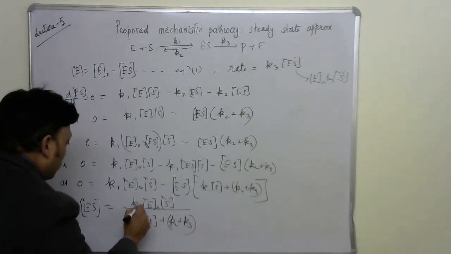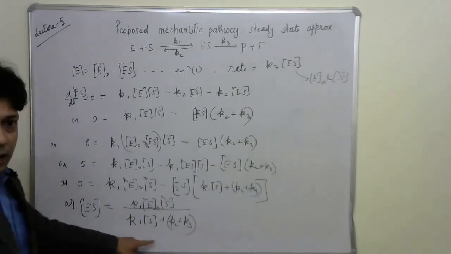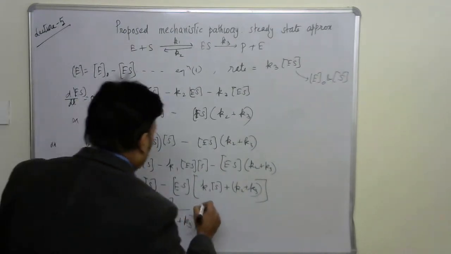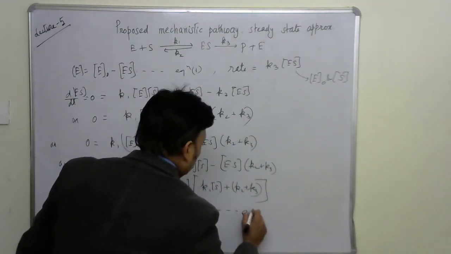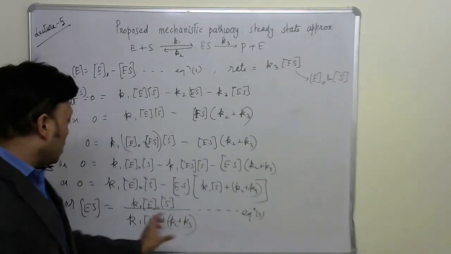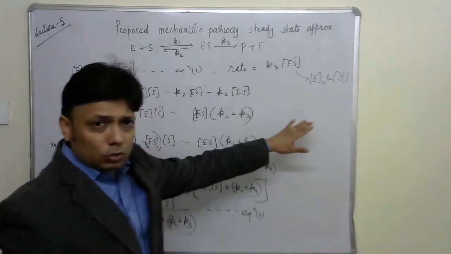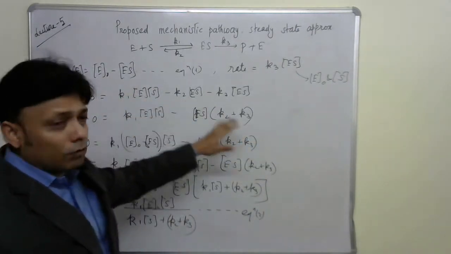So now we have found an expression for ES, and we call it equation number 2. From equation 2, we are going to put the expression for ES over here to get the final expression for the rate.